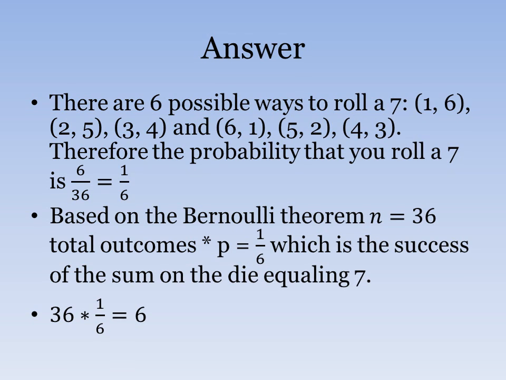So the probability that you roll 7 is 1/6. Based on the Bernoulli theorem, n is equal to 36 total outcomes, 36 possible ways to roll 2 dice, times its probability, which is 1/6. That's the success of getting a 7. So 36 times 1/6 is 6.